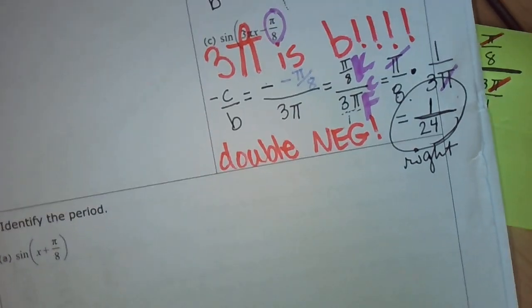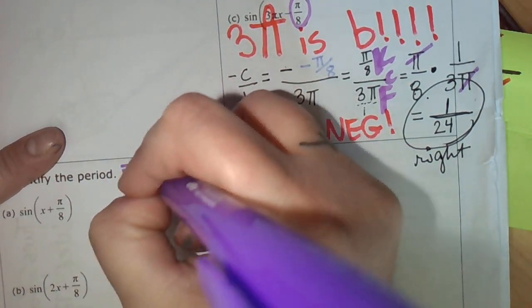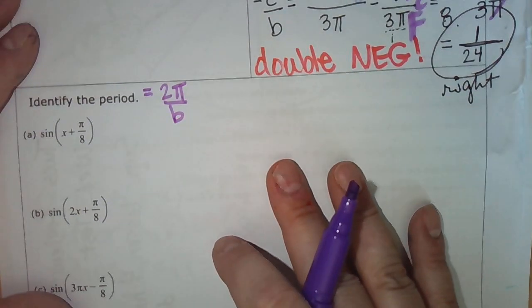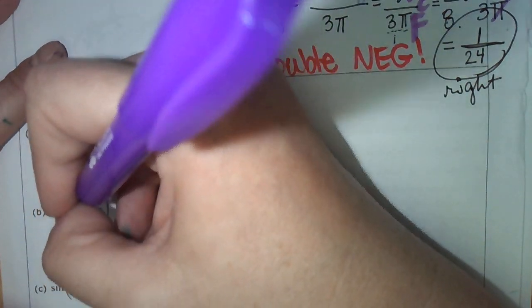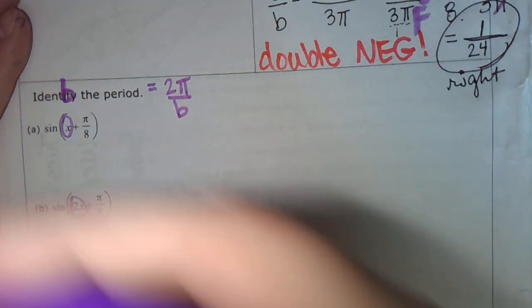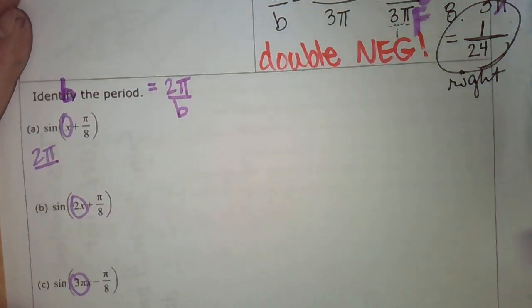The period. Period is 2 pi over b. And where is the b at? B is on the x. So we're going to have 2 pi over, who's the b here?